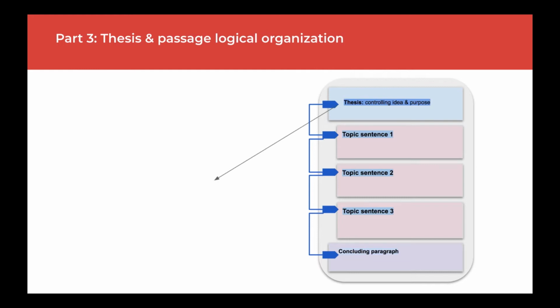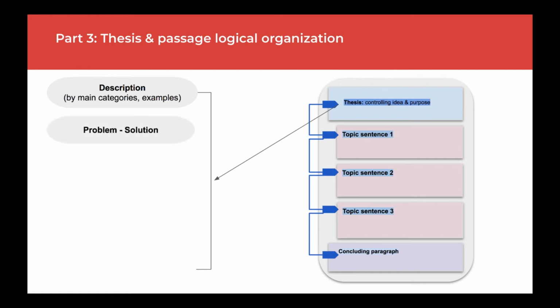And this logic is very similar to what we have just discussed in part 2 about the topic sentences. Usually the thesis suggests the logic, and depending on that logic, the topic sentences will either describe by categories if we want to describe a certain topic. The introduction may provide a description of a problem, and so then you can predict that the rest may either talk about solutions or causes or both.